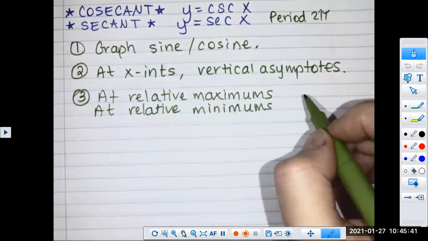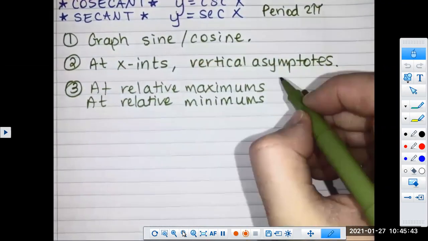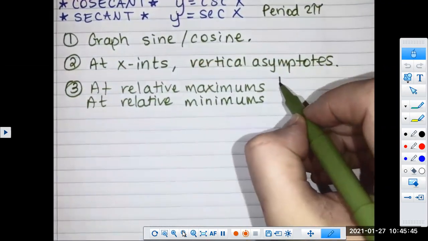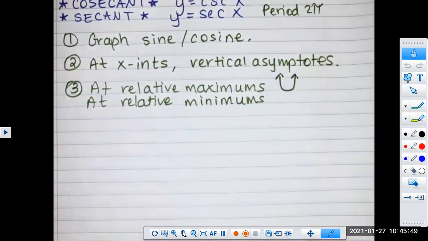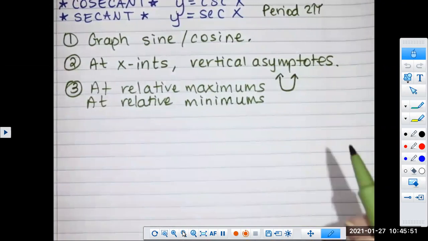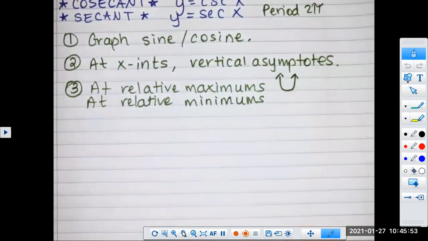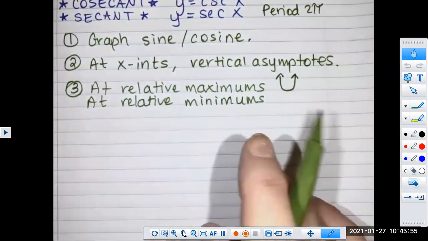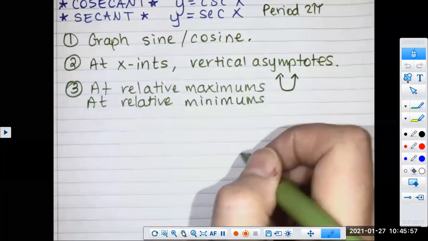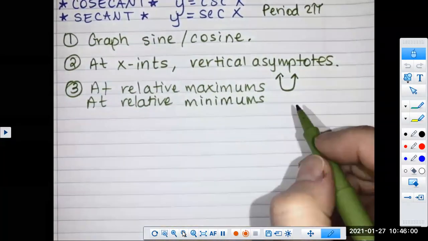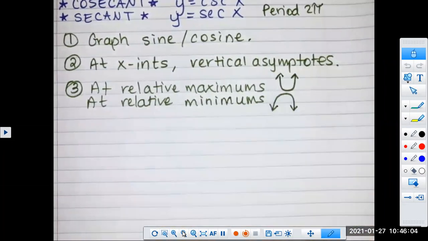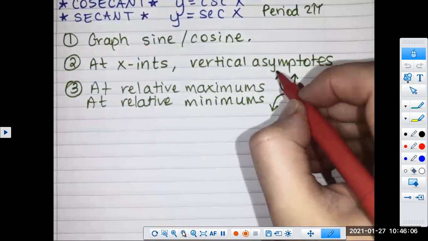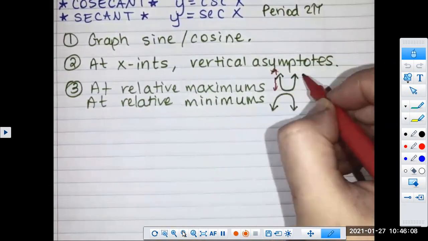At the relative maximum, you're going to draw a parabola from that relative maximum point going up and approaching your vertical asymptotes. At your relative minimum points on the sine and cosine curve, wherever you have a point at the bottom, you're going to draw a parabola going down, approaching those vertical asymptotes that are on either side.